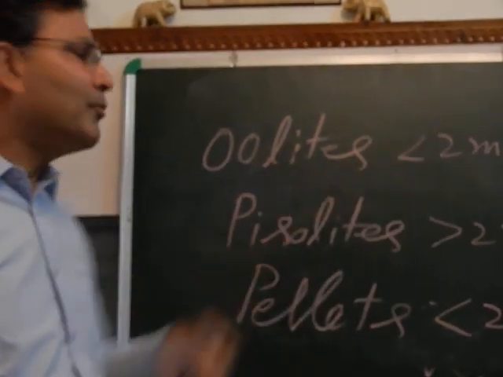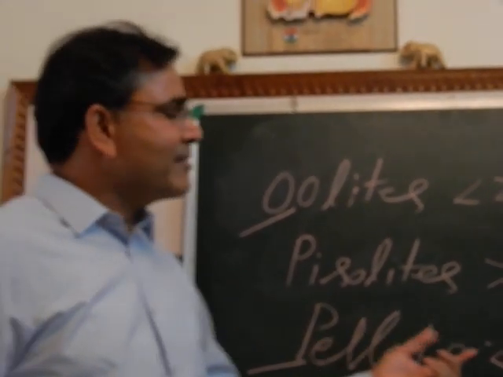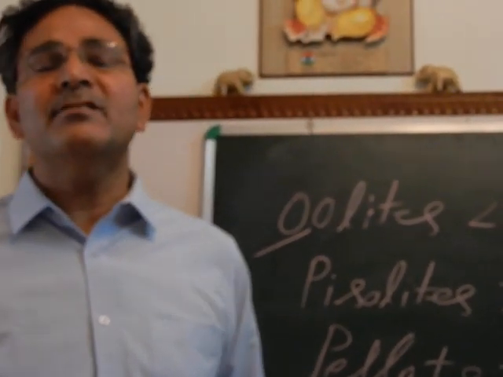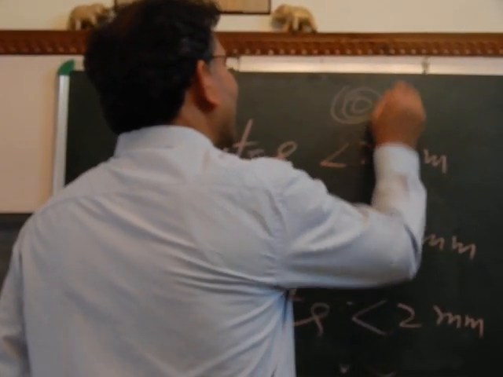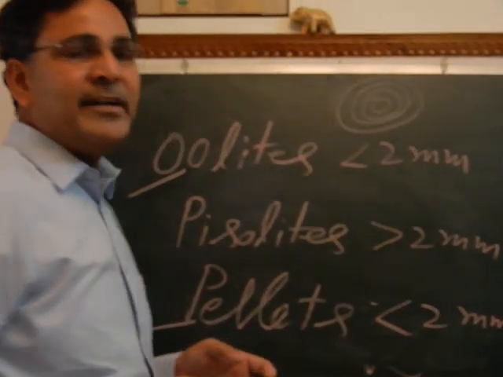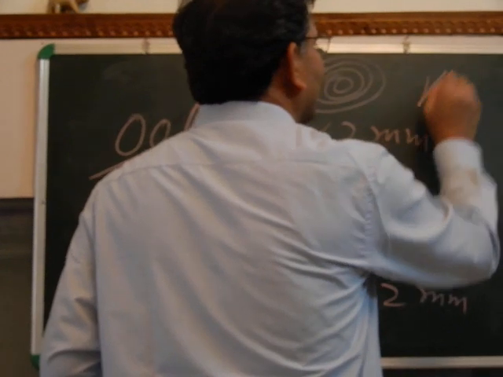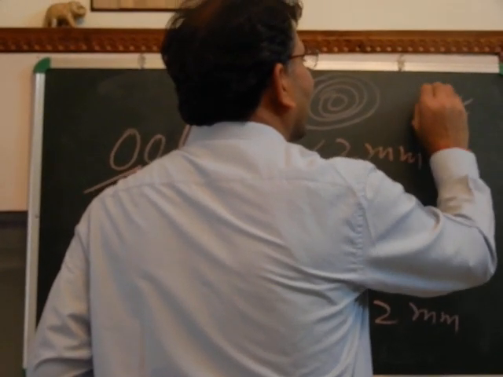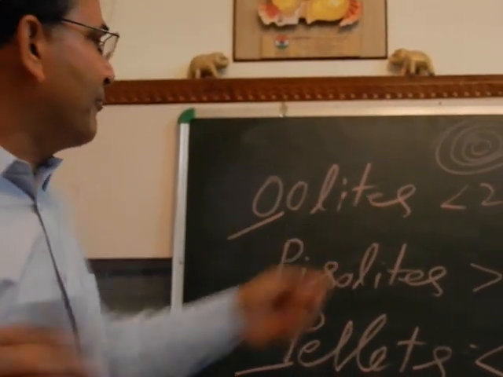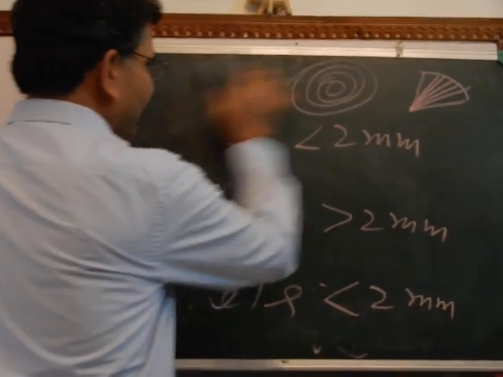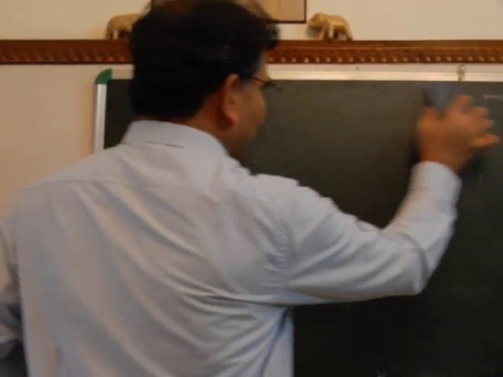The only difference between oolites and pellets is that pellets have no internal structure, whereas oolites are characterized either by a concentric internal structure, or a radial internal structure. Oolites and pellets are very common in carbonate or non-clastic sedimentary rock.